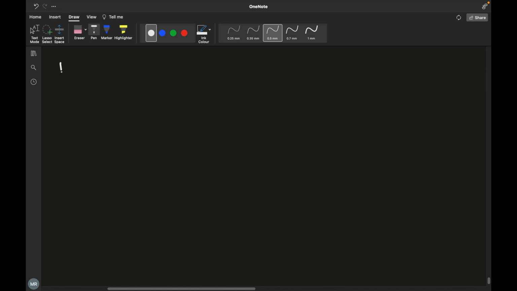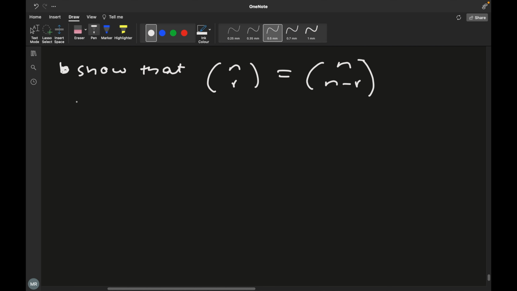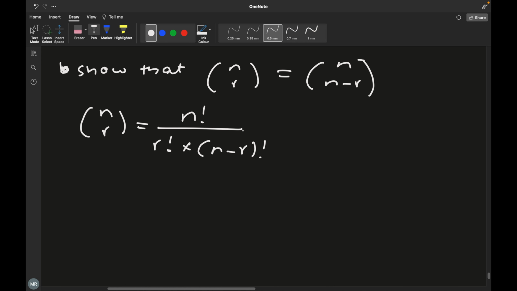And now let's look at one of the show questions. This is: show that this is this. Okay, we know that nCr is n factorial divided by r factorial into n minus r factorial.